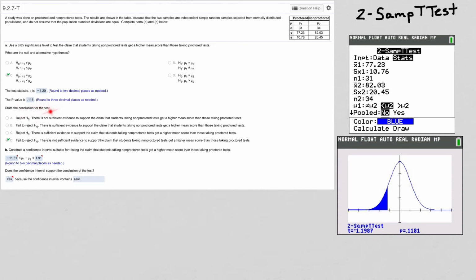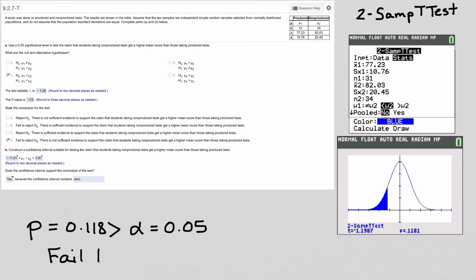And then we want to state the conclusion for the test. So since our p-value is, I'm going to go with 0.118, and alpha in the problem said it was 0.05 significance level, and p is greater than alpha. That means I'm going to fail to reject the null hypothesis.